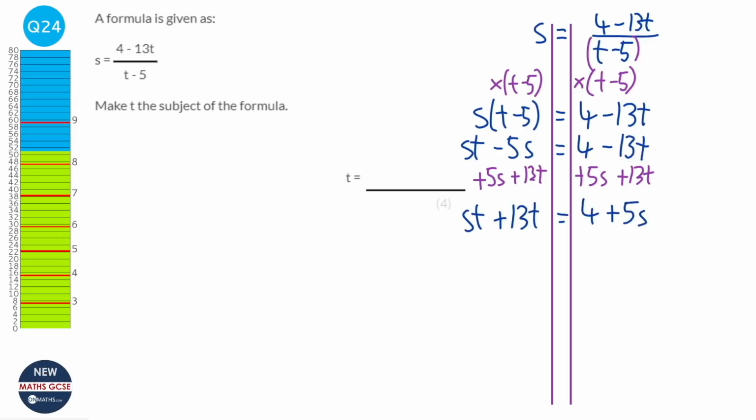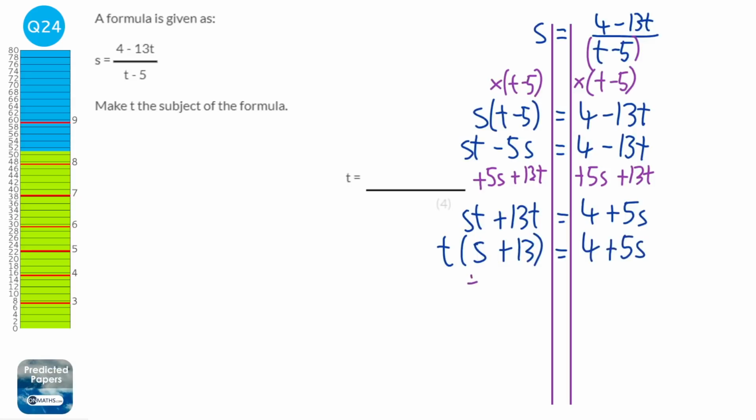Now when we've got the t's on the same side, we can factorise out the t's. So t(s + 13) = 4 + 5s. And then we can get rid of this by dividing both sides by s + 13.